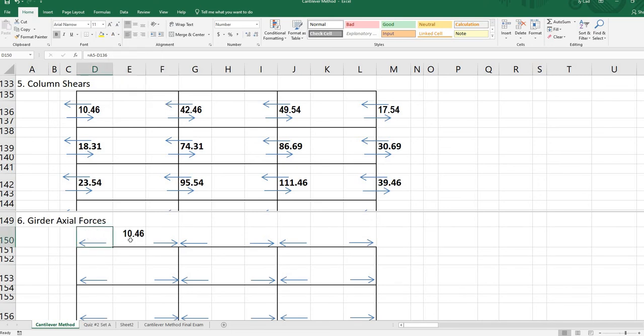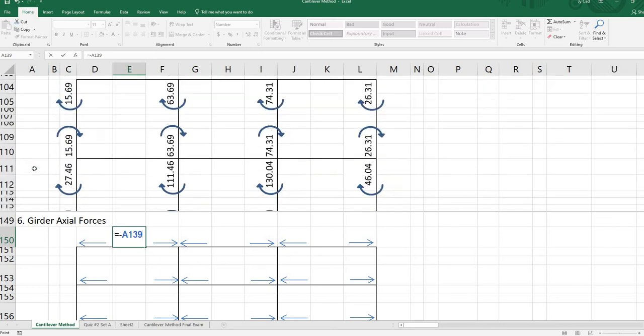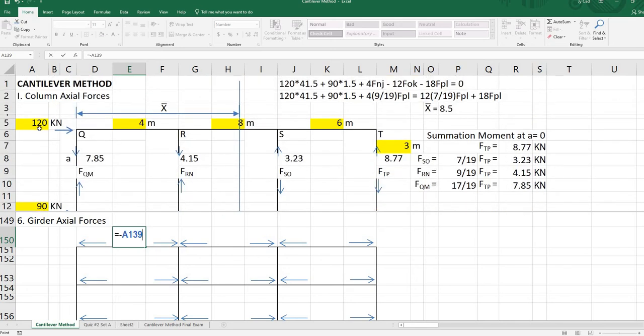May kulang. So as I've said before, summation forces acting at the node is equal to 0. Ulit, equal to, yung 10.46 is acting to the left. So that is negative 10.46. Ano pa ba ang forces acting at this node? Meron tayong nakalimutan, yung lateral force na 120. Ayan. So, plus 120.